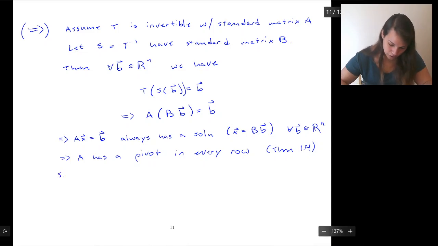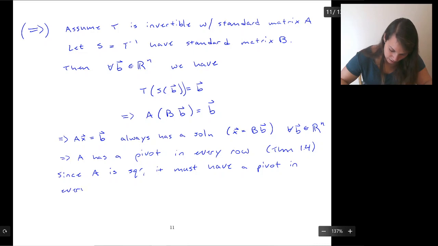So since A is square, it must have a pivot in every column.